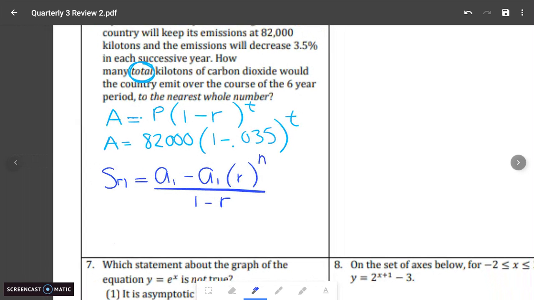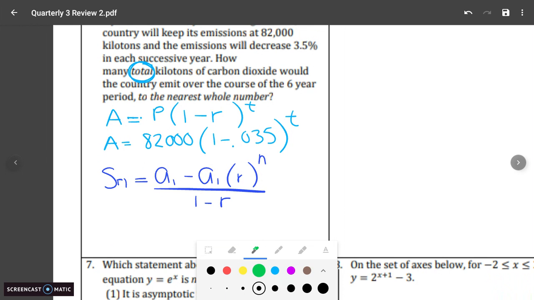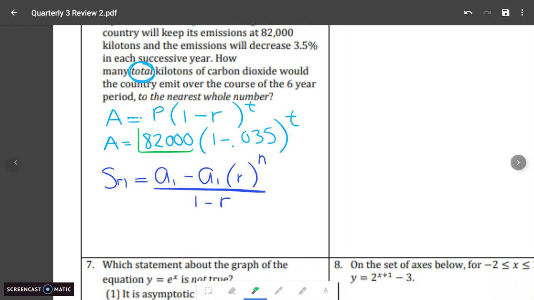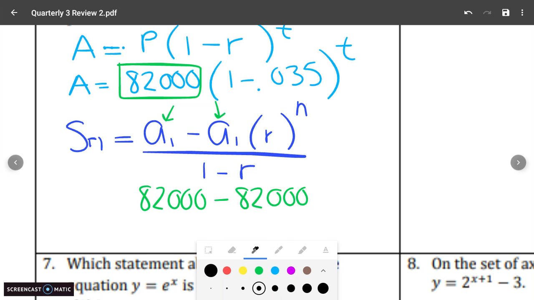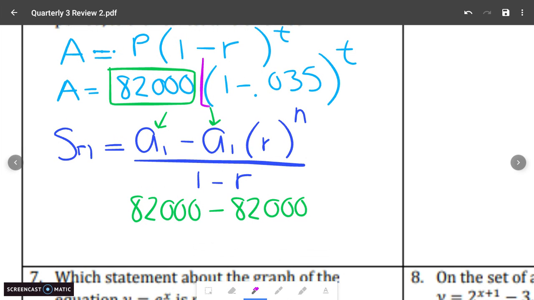So in this case, when we go to set this up, A1 is this first term here. So that's what I'm putting in for these A1s. So I'm looking at 82,000 subtract 82,000. R is our rate. So that's everything here.